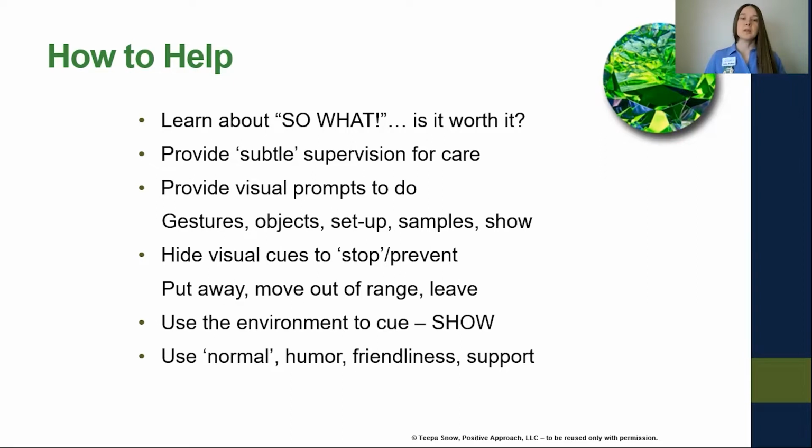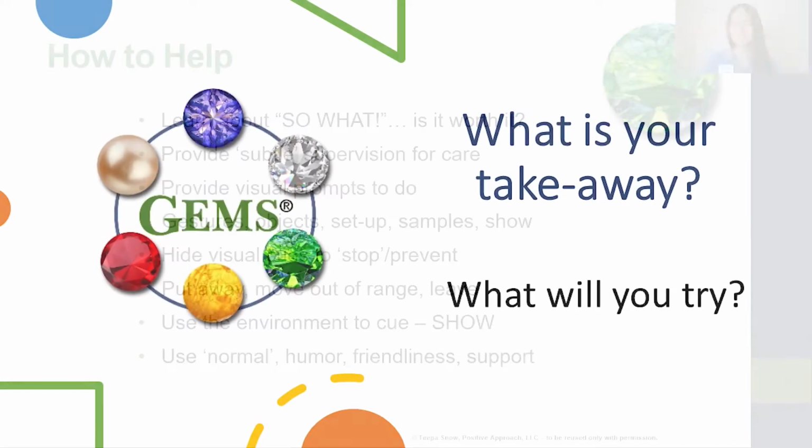So we can hide something visually in order to stop or prevent. We can put things away or move them out of range or step back, leave, remove the thing that we don't want engagement with. We can use the environment to cue, to show. And we want to use normal humor and friendliness in our support.